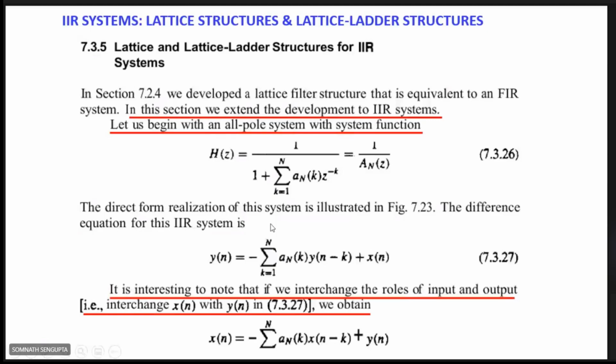If you take the inverse Z transform of it, then you will get the IIR system as y[n] is equal to this: summation k equal to 1 to N a_N(k) y[n minus k] plus x[n]. This is coming from H(z) is equal to Y(z) upon X(z). So Y(z) by X(z) is equal to 1 upon 1 plus this summation part.